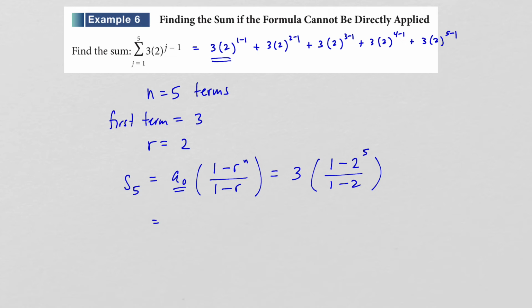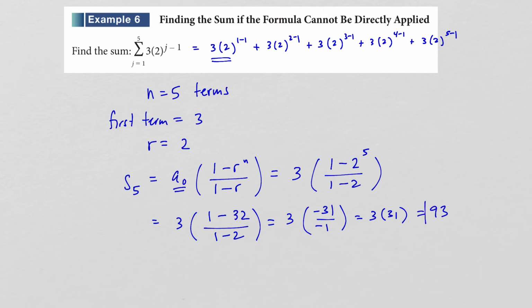And if we do the math on this, we have 3 times 1 take away 32 divided by 1 take away 2. So this is 3 times negative 31 divided by negative 1, which is 3 times 31, which is 93. So the sum of the first 5 terms here is 93.